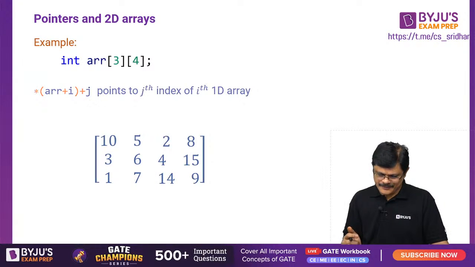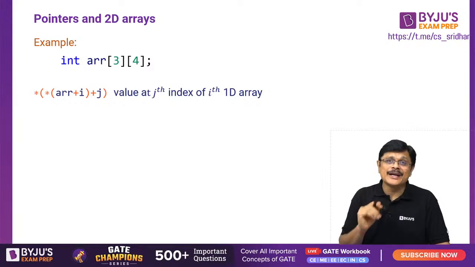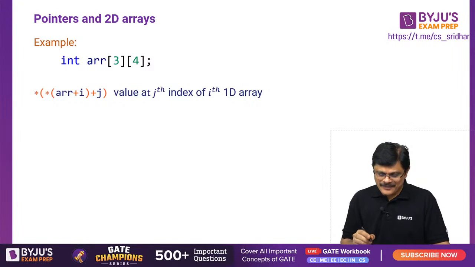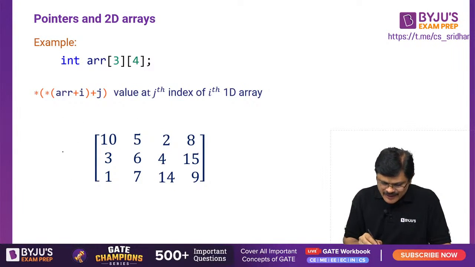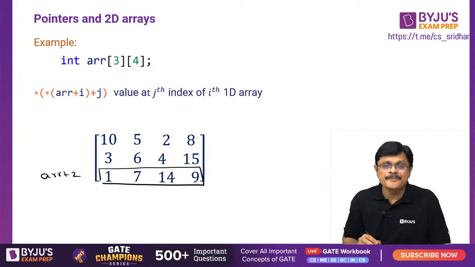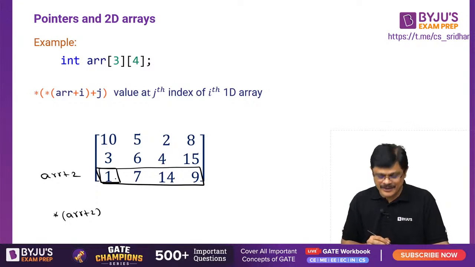Very good. Now we are moving on to the value at that location, the value at the jth index of the ith 1D array. Here ARR plus 2 refers to the second 1D array. Star of ARR plus 2 refers to the 0th location.